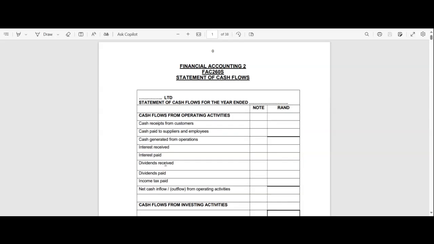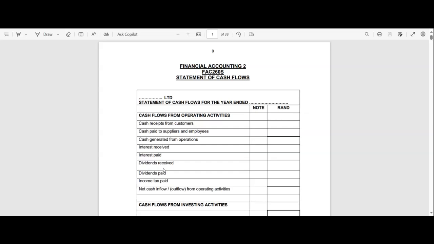What about dividends received? That means the dividends received is that portion of the dividend income that we actually received in our bank account during the year, not necessarily what was accrued, but what was received.